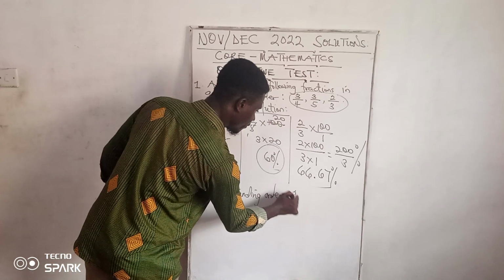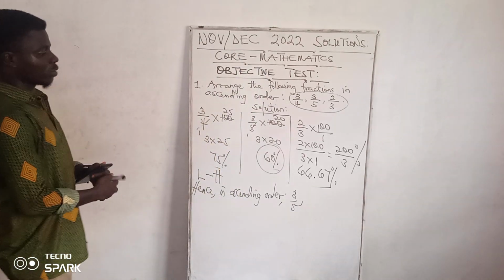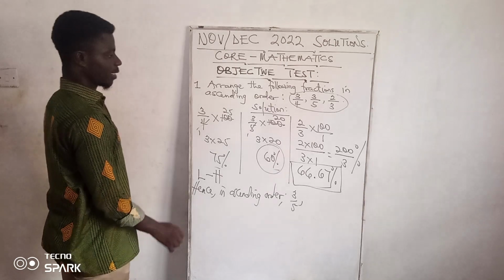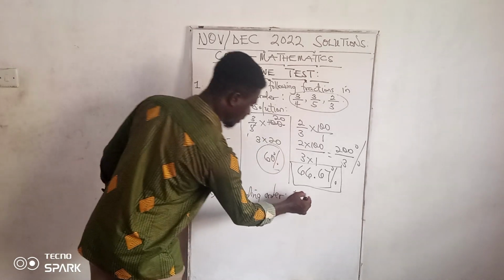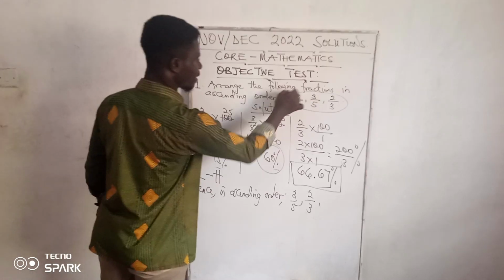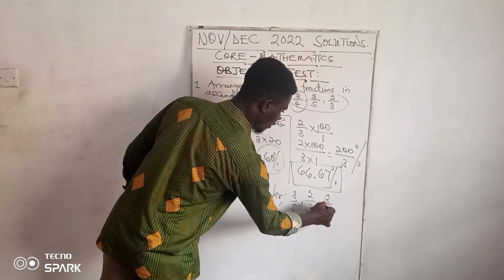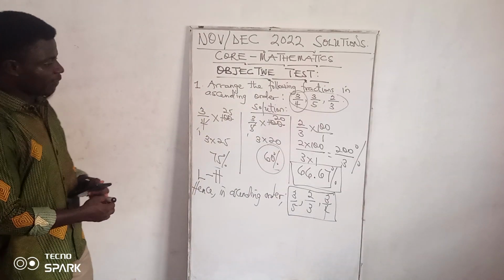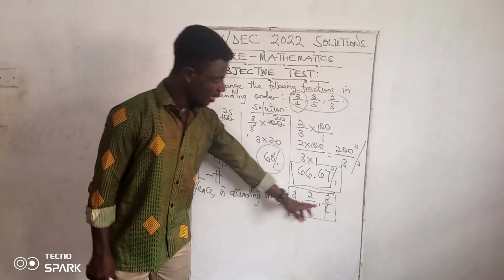So hence in ascending order, we have 3/5, which comes first because it's the smallest. Then 66.67%, which is 2/3. Then 75%, which is 3/4. So in ascending order, we have 3/5, 2/3, then 3/4.